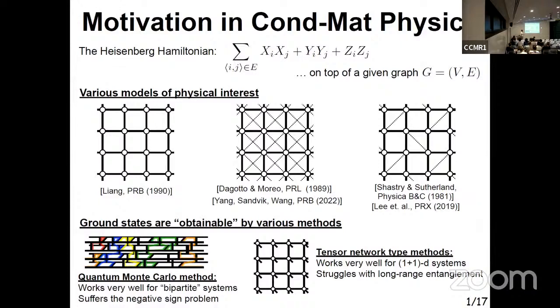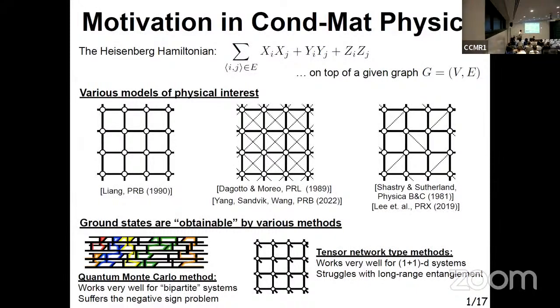For example, people don't understand if there is a quantum spin liquid state in these kinds of models. Physicists do have the usual tools to probe the ground states and thermal states of these models, namely quantum Monte Carlo and tensor networks. But they both have some shortcomings.